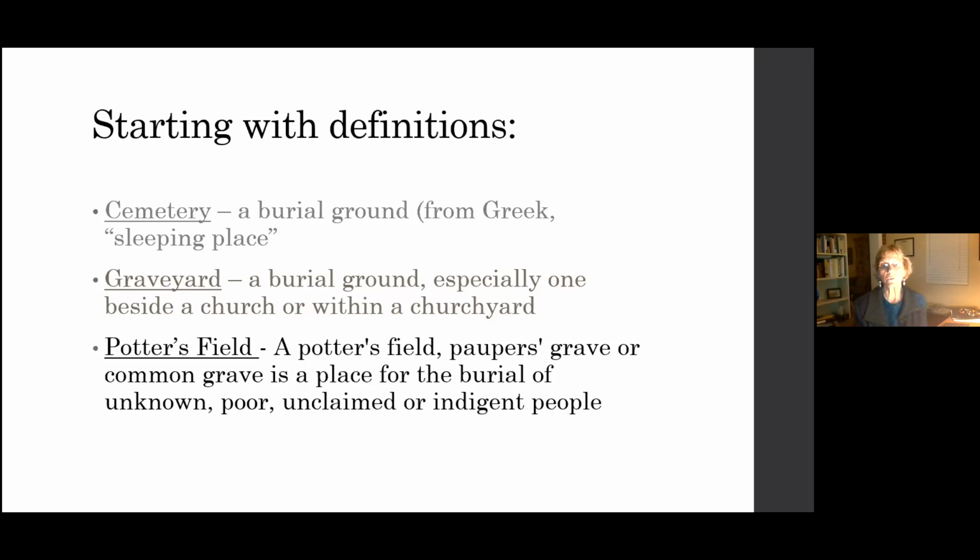And they couldn't return that money to their treasury. They had to do something else with the money. So they purchased basically a hole in the ground that potters had extracted clay from, and used that as a burial ground for poor people. So that is in the scriptures. That is the origin of the word potter's field, and it's been with us for many years.